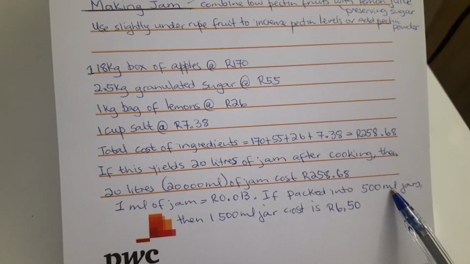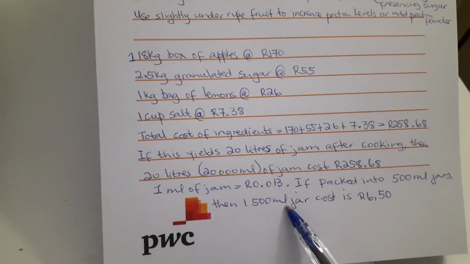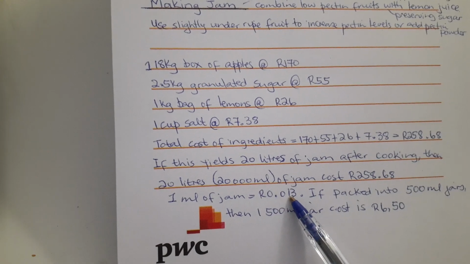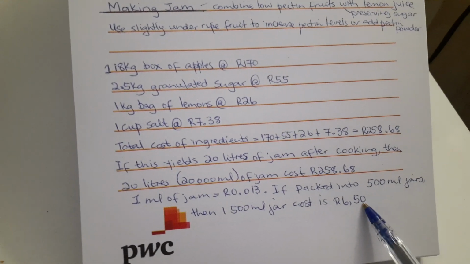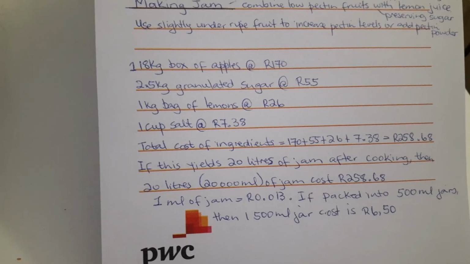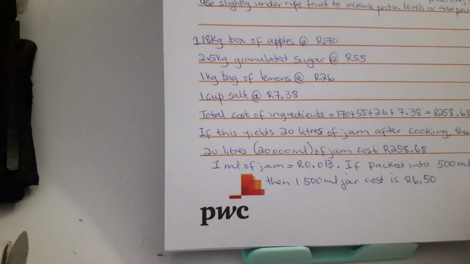So the cost of that jar will be 500 milliliters multiplied by that figure, just a little bit over 1 cent, and that will be 6.50 rand. So 1 can or 1 jar of jam will cost you 6.50 rand. That is just the product itself without anything else.